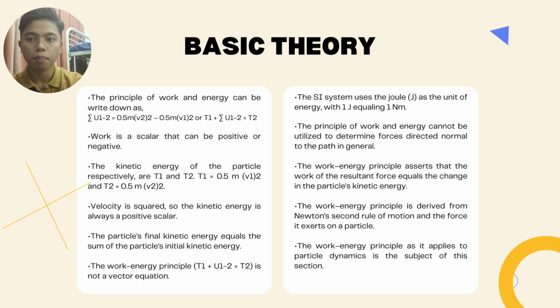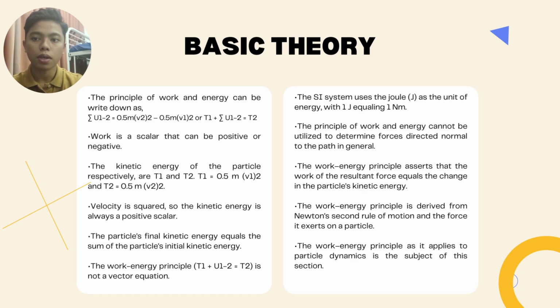As a result, the particle's final kinetic energy equals the sum of the particle's initial kinetic energy plus the work done by all forces acting on it as it moves from its starting to final position. It's important to note that the work energy principle, T1 plus U1-2 equals T2, is not a vector equation.